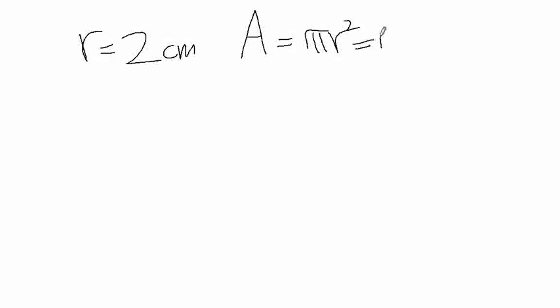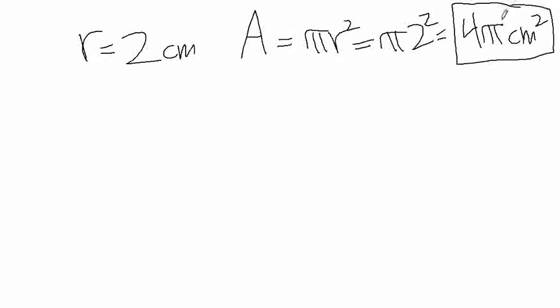Now, let me use that in an example. Suppose I had a circle with a radius of 2 centimeters, and I wanted to find the area. So I'll use my formula, pi r squared. So pi times 2 squared, or 4 pi square centimeters. What about if the diameter was 20 miles?